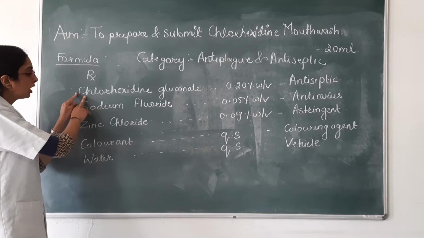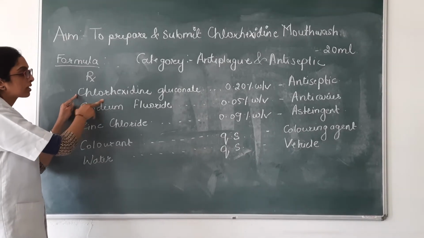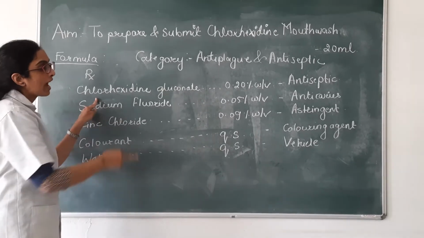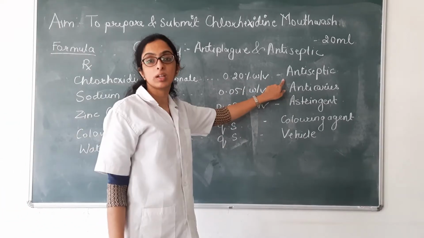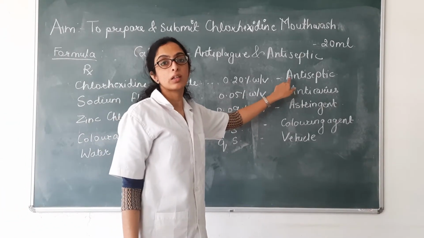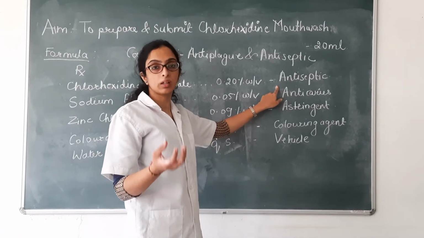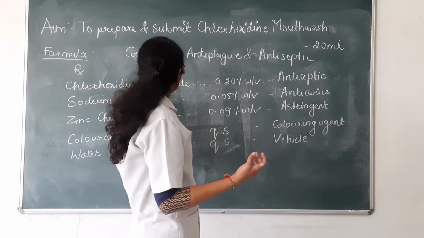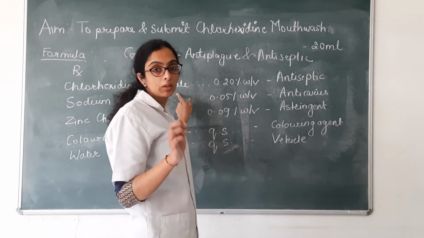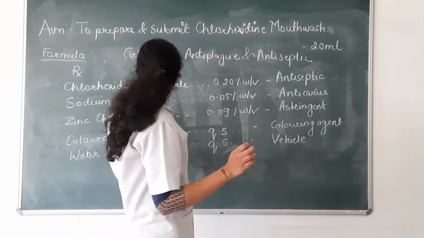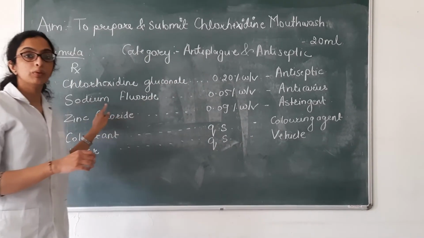So the main ingredient is chlorhexidine gluconate, which acts as an antiseptic and as a bactericidal. So in case the person is suffering from plaque or any other problem, the plaque bacteria are killed by this chlorhexidine gluconate. Then second is sodium fluoride.